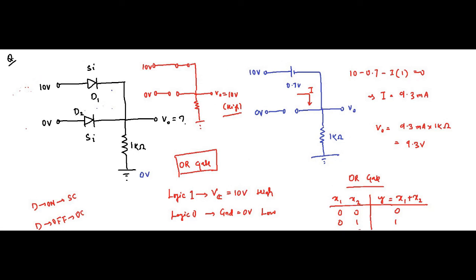So it means that this will be 0 volt and this will be 10 volt. This is 1, this is 0. So in this case, this diode D1 will be open circuited, and this one will be short circuited.